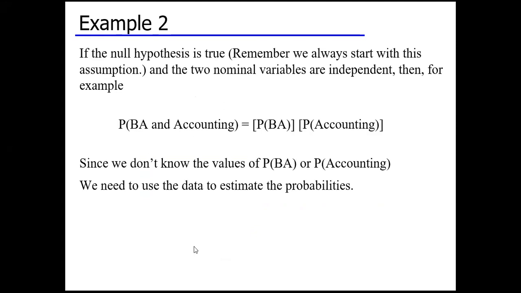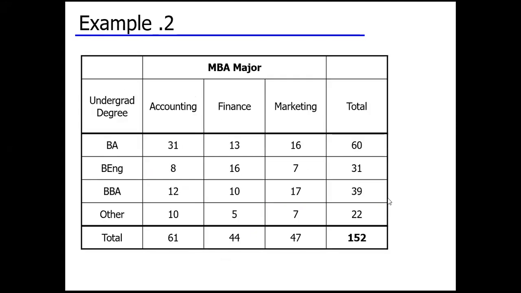For this one, we are here. And this is the expected value for row 1, column 1 equals.